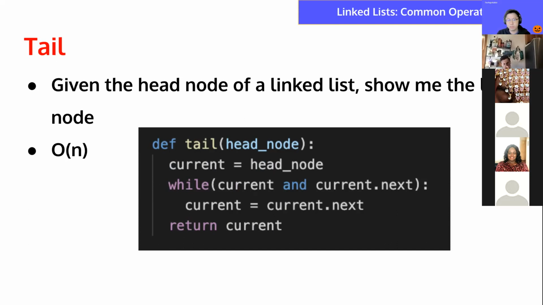And when this while condition is no longer satisfied, that means that there's no more next element you can reach, or that you have arrived at the end, or the tail. So you just return that current node at the end. And this operation, because you have to iterate through each element in the linked list, will run in O(n) time, or it's linear.